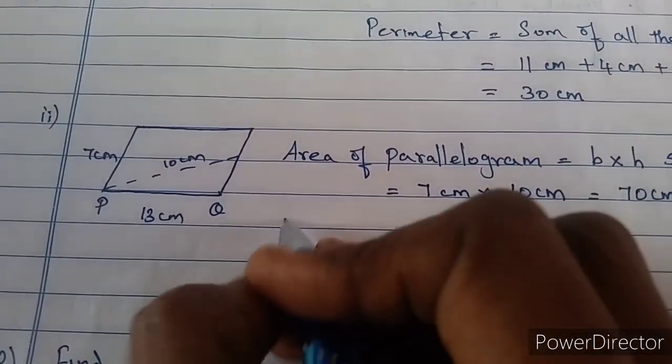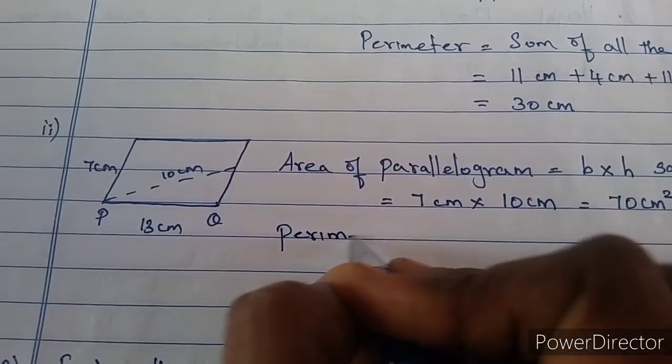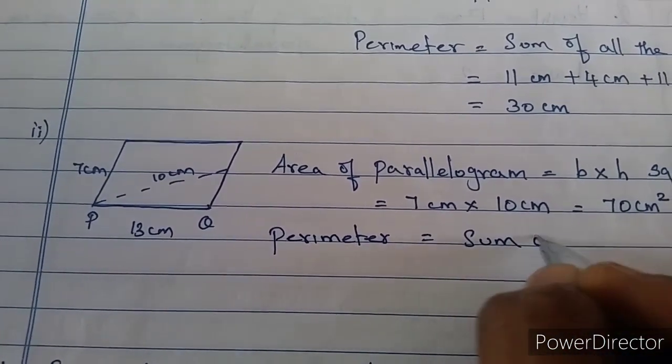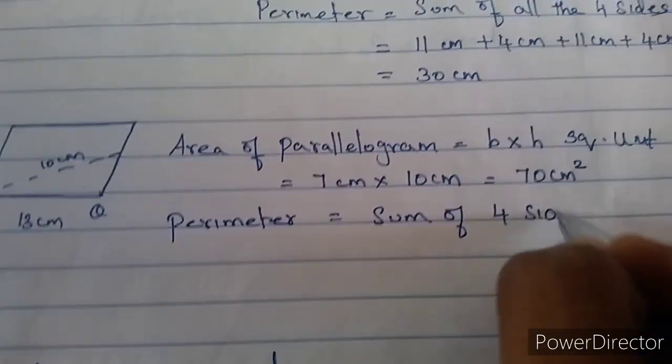Now we are going to find the perimeter of the parallelogram, sum of four sides.